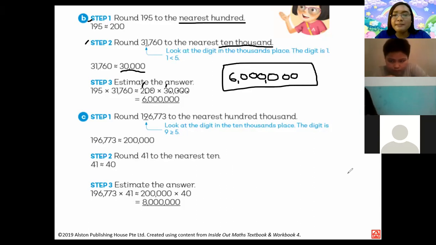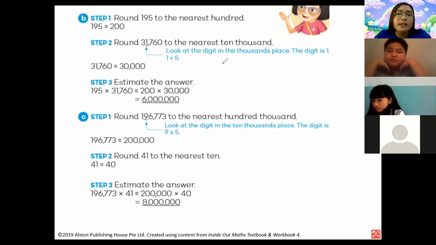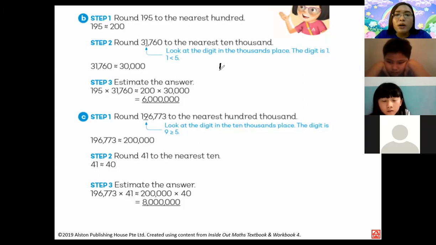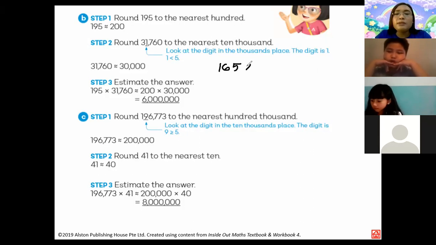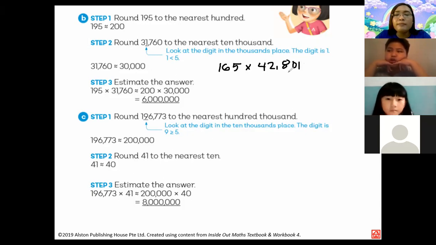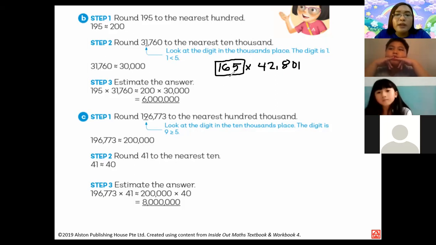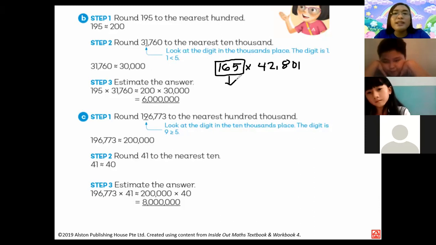Okay, let's have another example. Let's say I have 165 multiplied by 42,801. First we have to round 165 to the nearest 100.